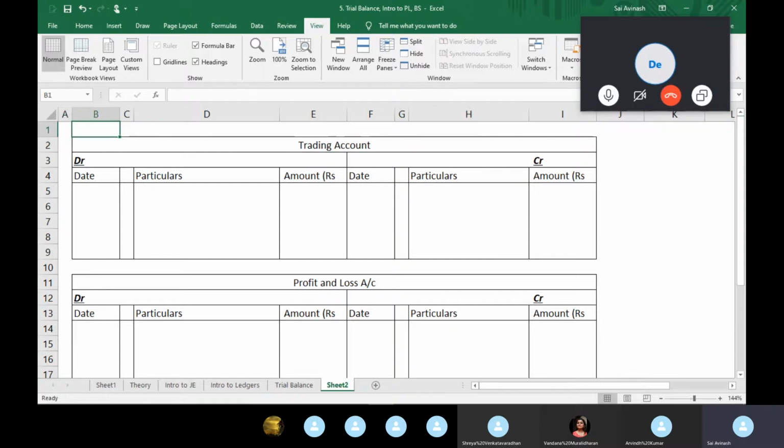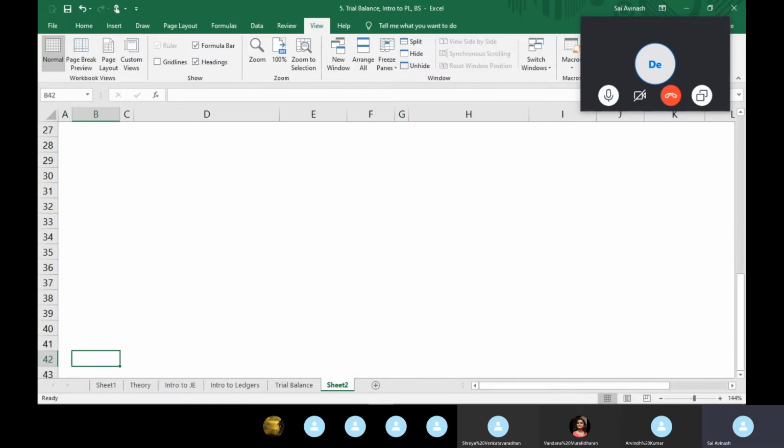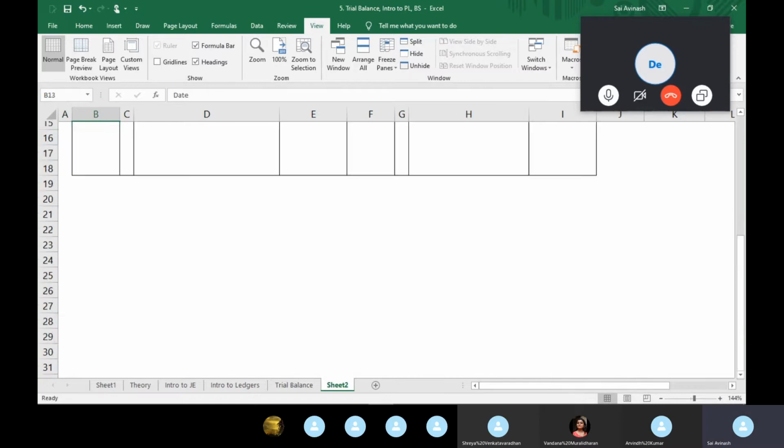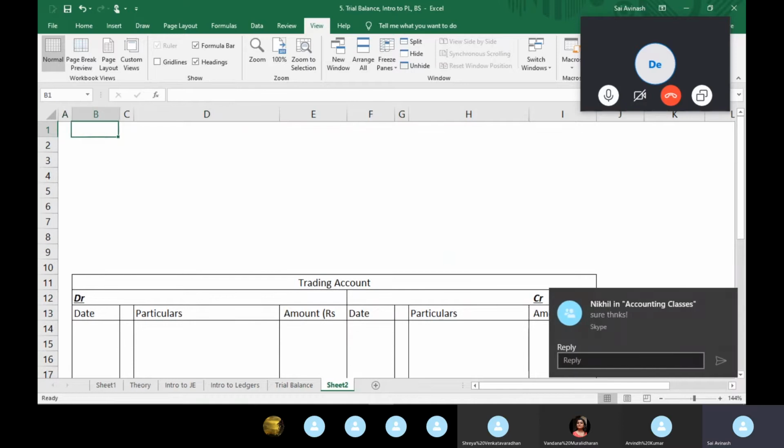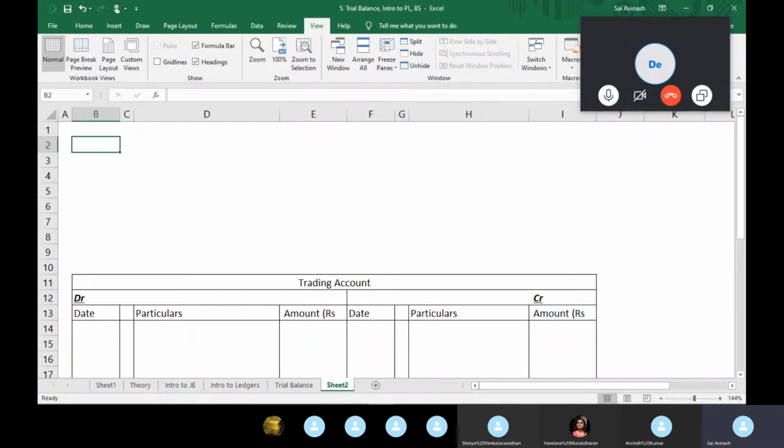Okay. So if you remember in the first class, I was explaining something about how we arrive at profit or how we arrive at stock. Not a problem. I will re-explain the concept now. Just tell me whether you're able to appreciate the concept or not.